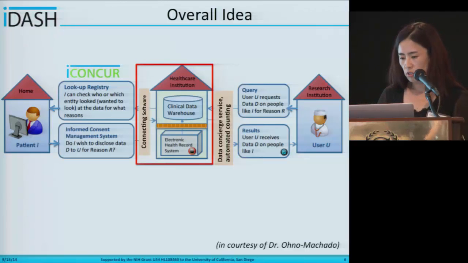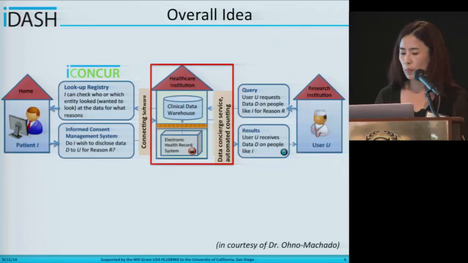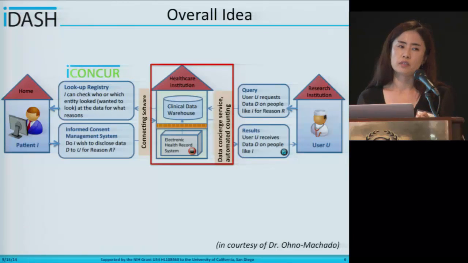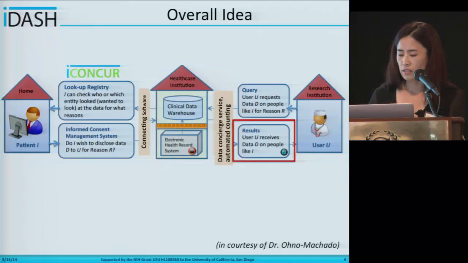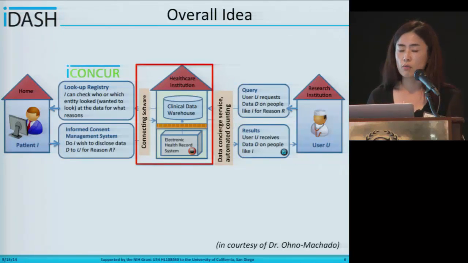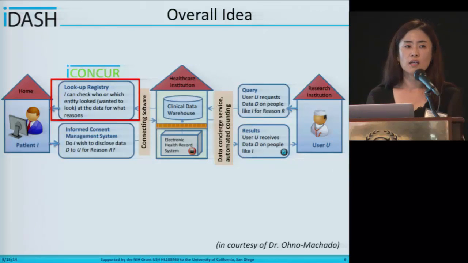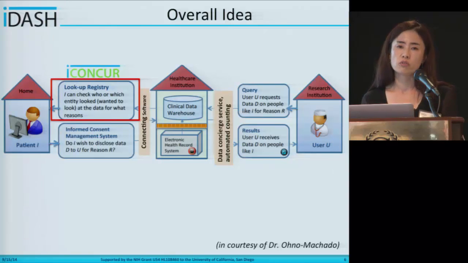When researchers request data, a person we call the data concierge service prepares the data set by honoring the patient sharing preferences and hands it over to the researcher. All these transactions get stored in the data warehouse environment so that patients can see and check how their data is being used.